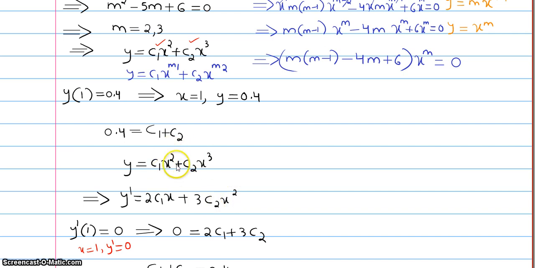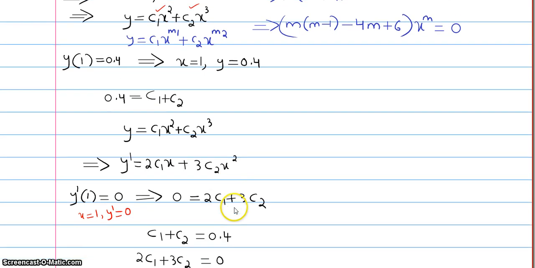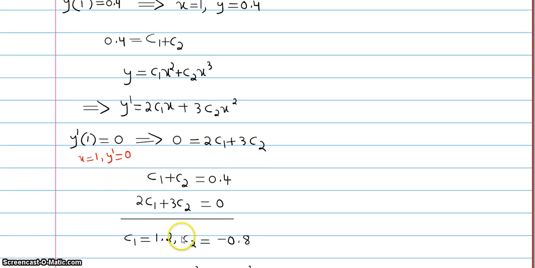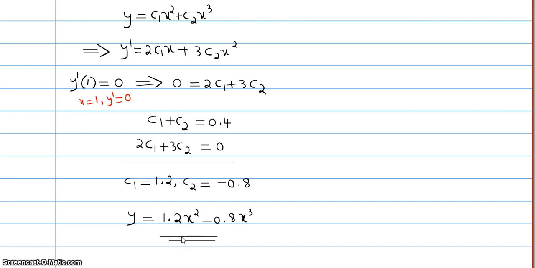Derivative of x square is 2x. Derivative of x cube is 3x square. Now substitute x equal to 1 and y dash equal to 0. We will get another equation 2c1 plus 3c2 equal to 0. Solving these two equations, we will get the values of c1 and c2. Here the value of c1 is 1.2 and c2 is minus 0.8.